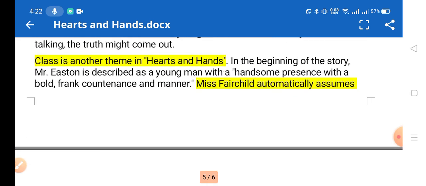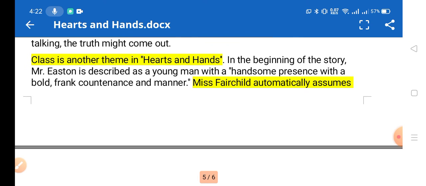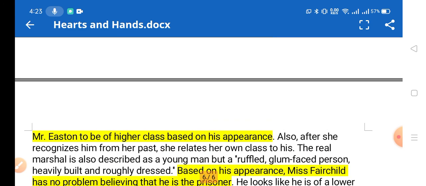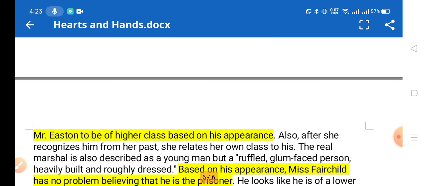We'll move on to another theme, that is class distinction, which is also there in The Heart and Hands. In the beginning of the story, Mr. Easton is described as a young man with a handsome presence, and Miss Fairchild automatically assumed that Mr. Easton is of a higher class.